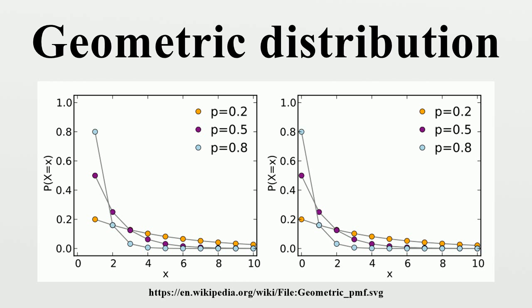Related distributions. The geometric distribution Y is a special case of the negative binomial distribution, with r equals 1. More generally, if Y1, ..., Yr are independent geometrically distributed variables with parameter p, then the sum follows a negative binomial distribution with parameters r and p. The geometric distribution is a special case of discrete compound Poisson distribution.